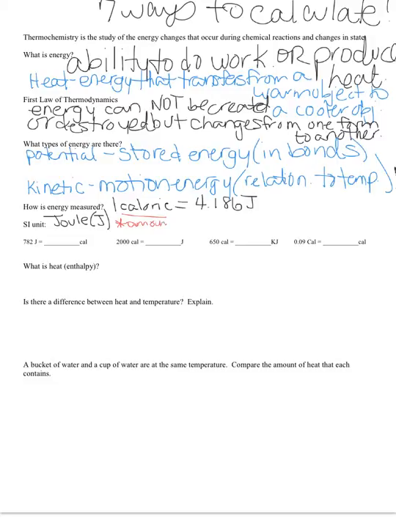It's the amount of energy needed or required to raise 1 gram of water 1 degree Celsius. That is what we're looking at when we're talking about this word calorie.